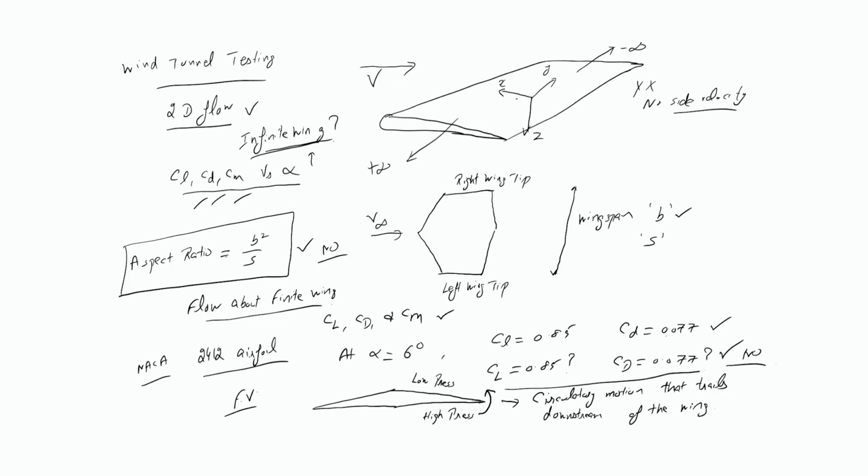And this trailing circulatory motion is called a vortex. So you must have heard about the vortices around the wingtips. So these are vortices. Let me quickly show you an image of these vortices.